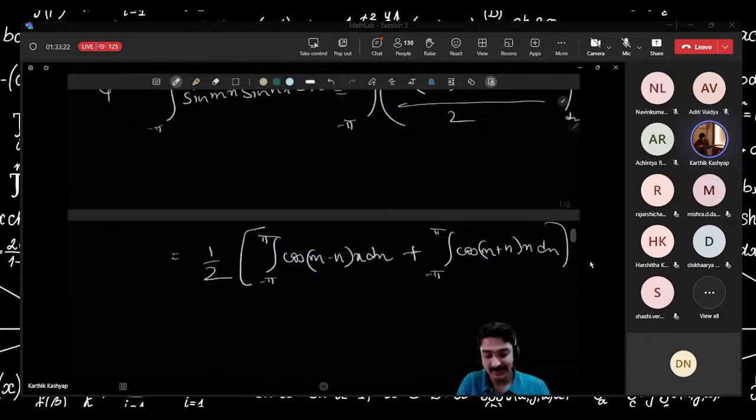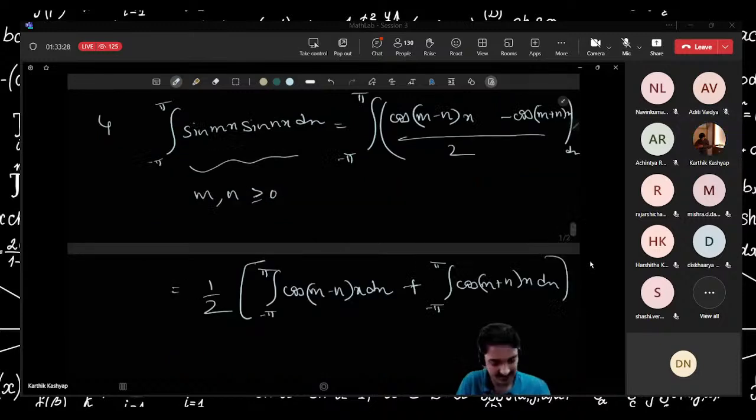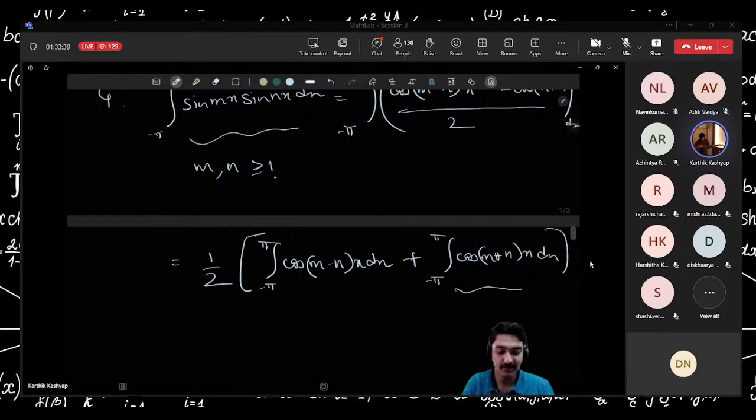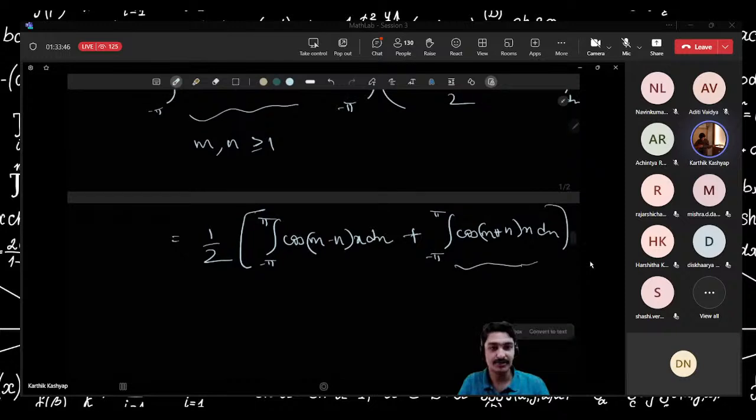Again, here, by the way, I need to mention m and n are greater than or equal to 0 and are integers. So let's look at the second term first. If m and n both are positive, then this part cannot be 0, since they are integers greater than or equal to 1. So this value can never be equal to 0.